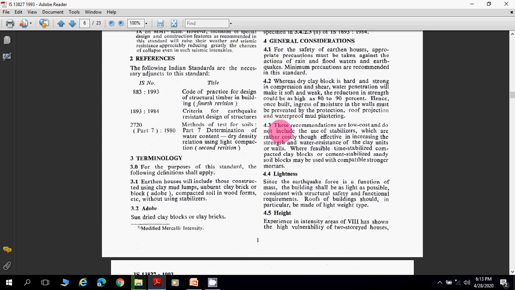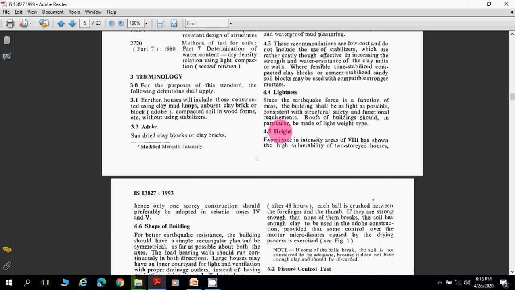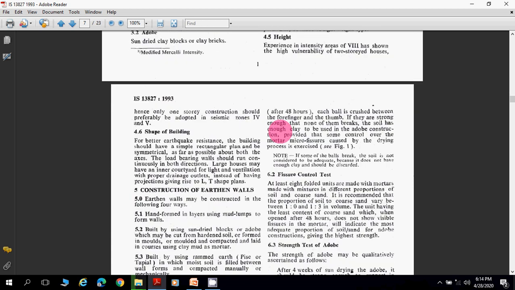Another one is the lightness of the houses. As the earthquake force is a function of inertia force or mass, the houses should be constructed using light material so that they are protected during an earthquake. Height: a single-story building should be adopted in zone 4 and zone 5.